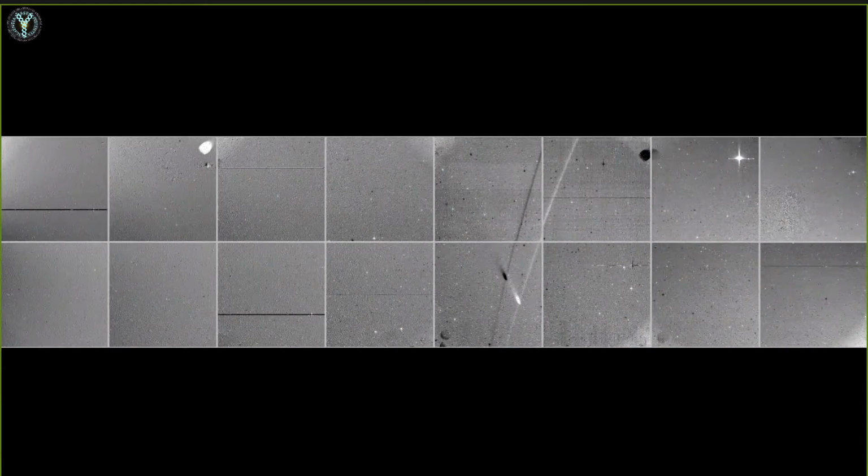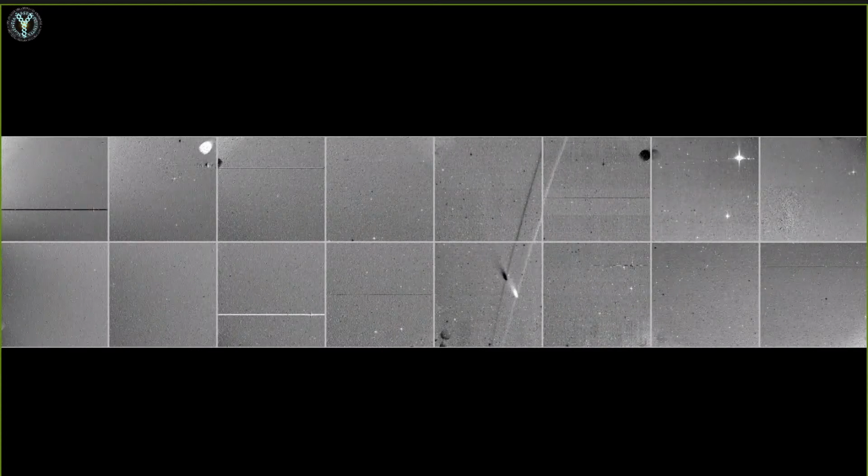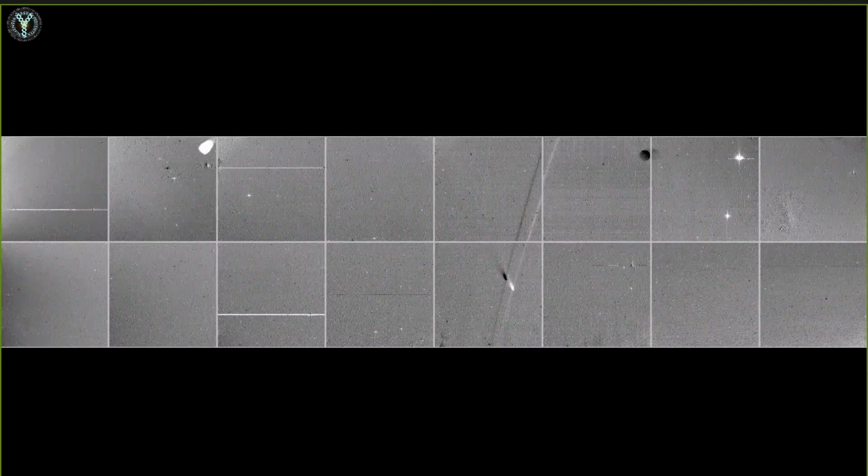As time goes by, you can see what's going on in the sky. You see some variability, and you see that this comet here really does something, which is interesting.